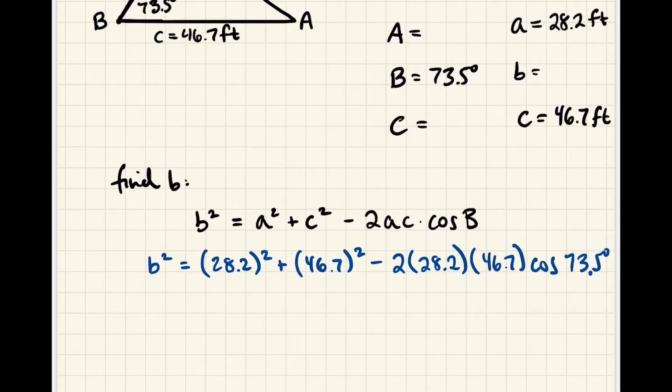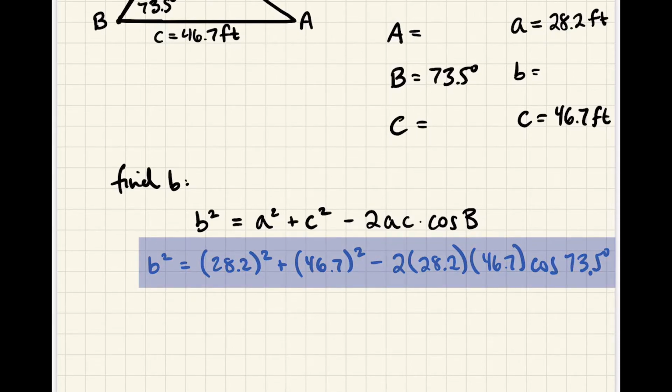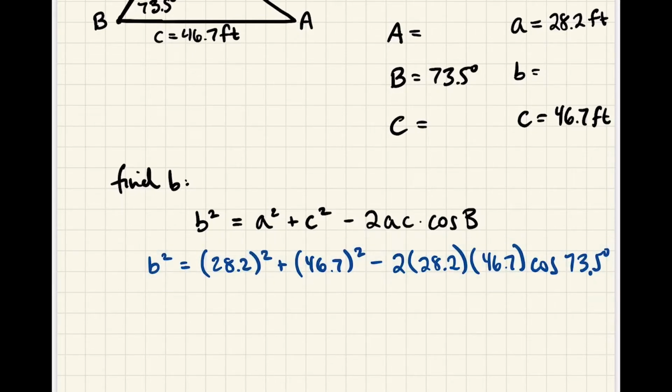Now, on an exam, I'd really like to see that written down, the calculation that you're using, okay? Not just the final answer. I need to see that statement that you're putting into your calculator so that you can earn partial credit. And one of the big reasons for that is, well, so I can see that you understand trigonometry, of course, but second of all, it's really easy to make a mistake entering this into your calculator.